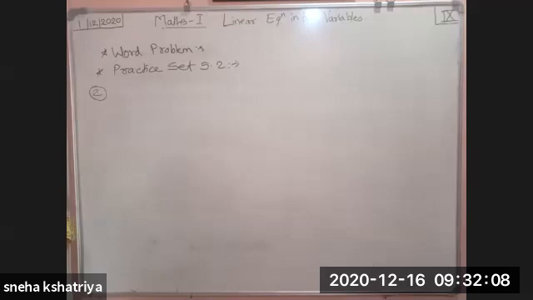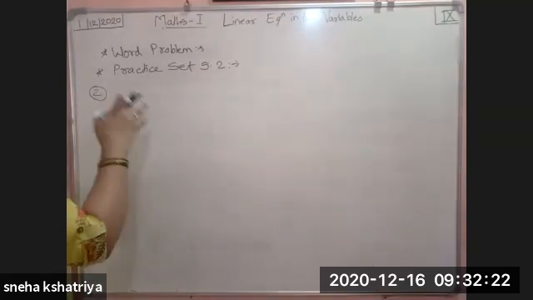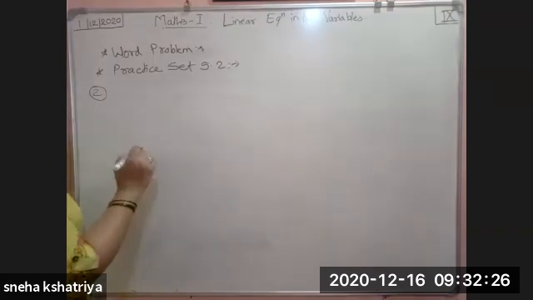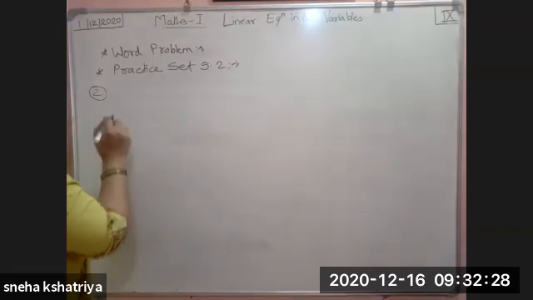If 1 is added to numerator and denominator respectively, the ratio of numerator to denominator is 3:5. Find the fraction. Means we have to find the numerator and denominator. So let the numerator be x and let the denominator be y.